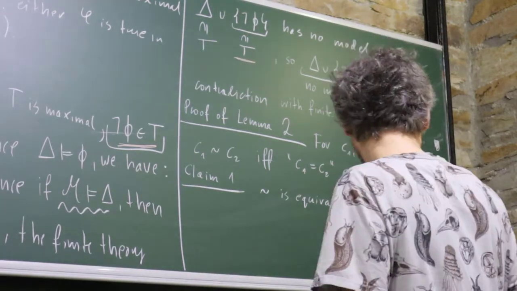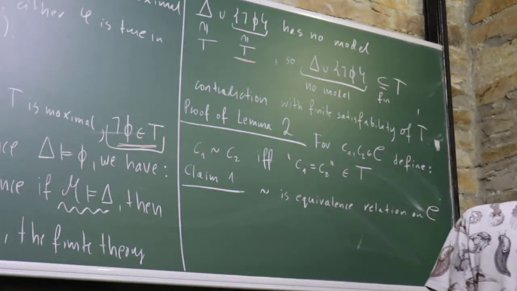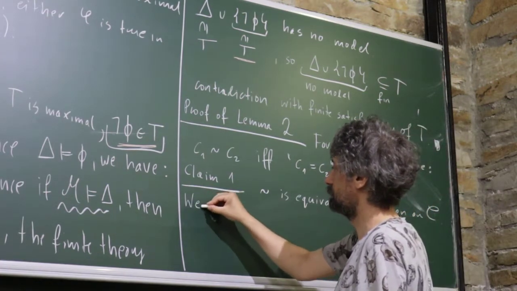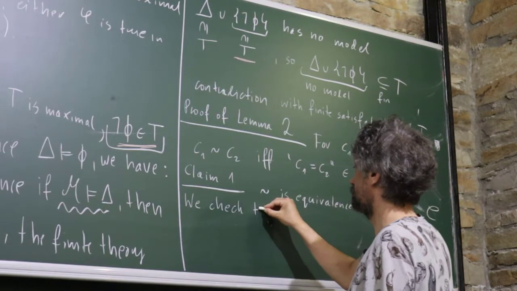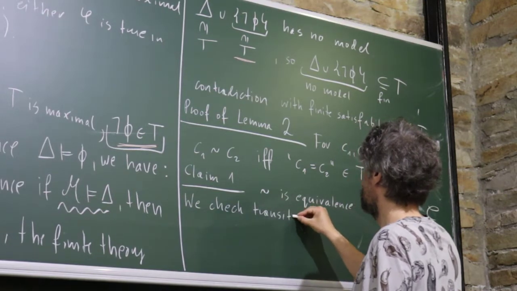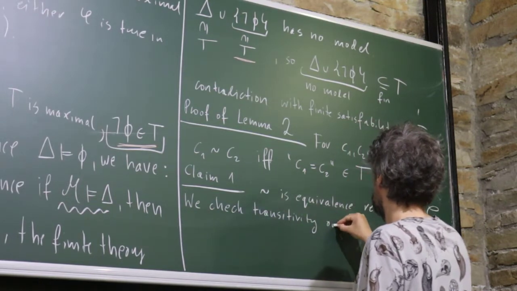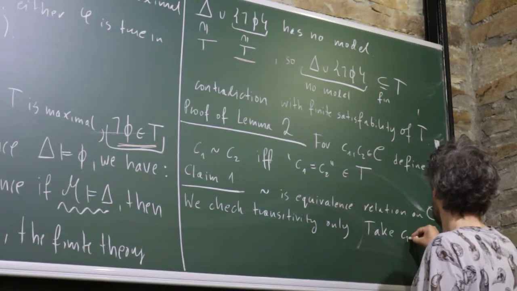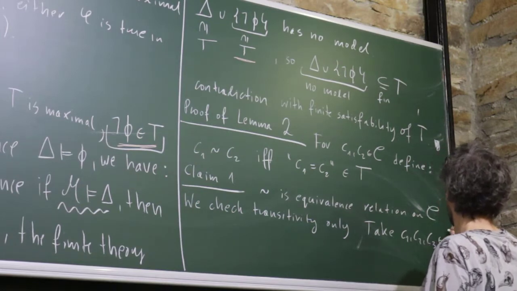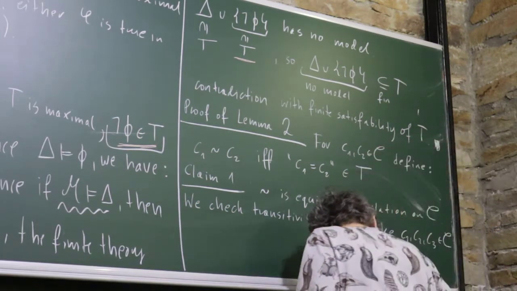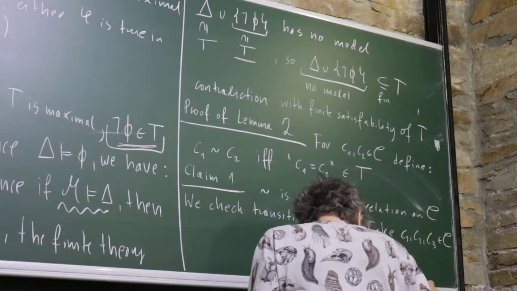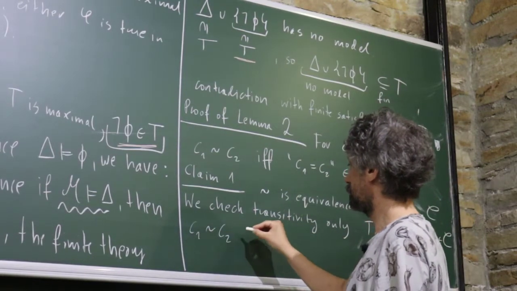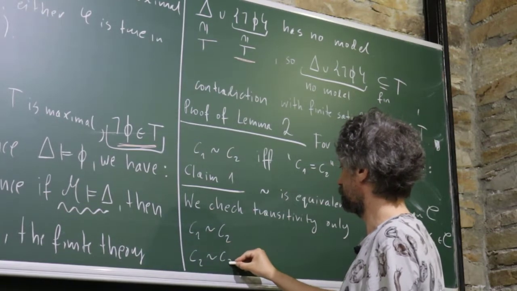So let us see only transitivity. Take C1, C2, C3, three constants such that C1 equals C2 and C2 equals C3.